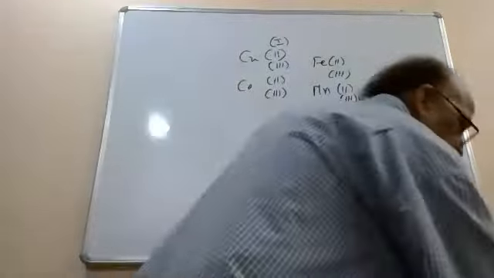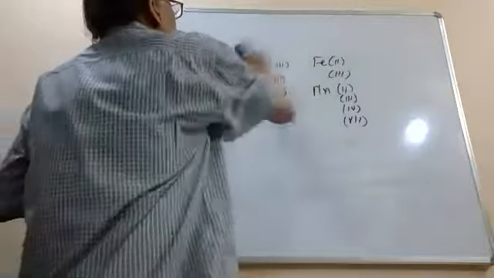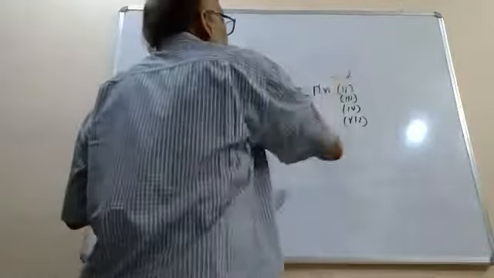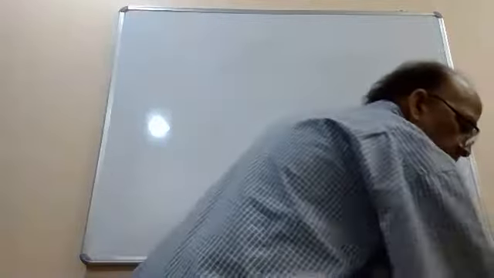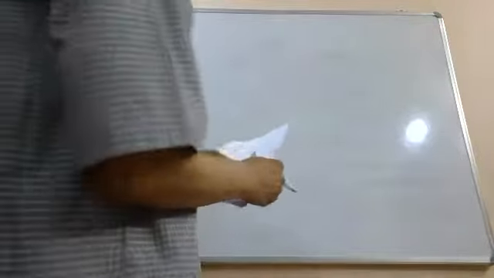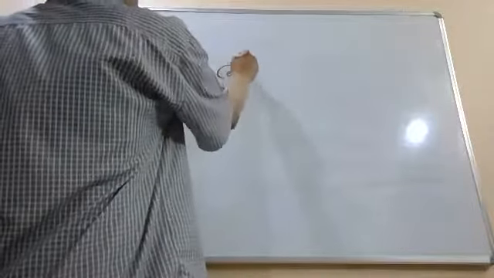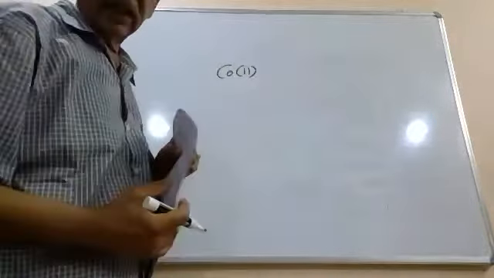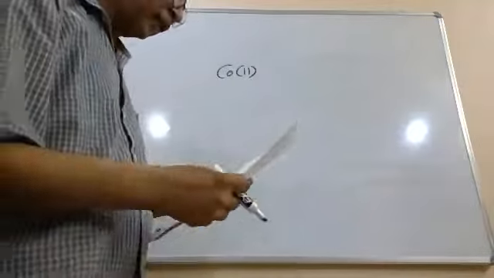So here is how that is done. In the industry, in the oxidation of paraxylene to terephthalic acid, they take cobalt in 2+ oxidation state. Watch this very carefully.